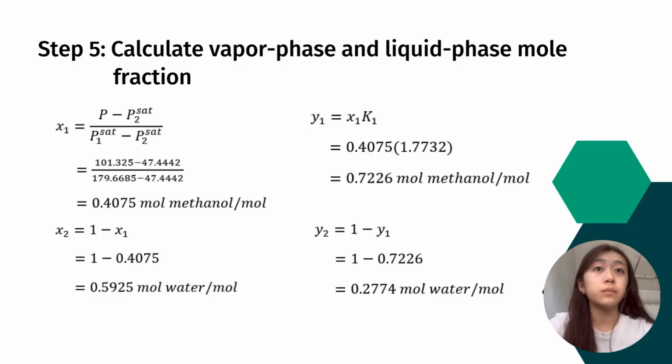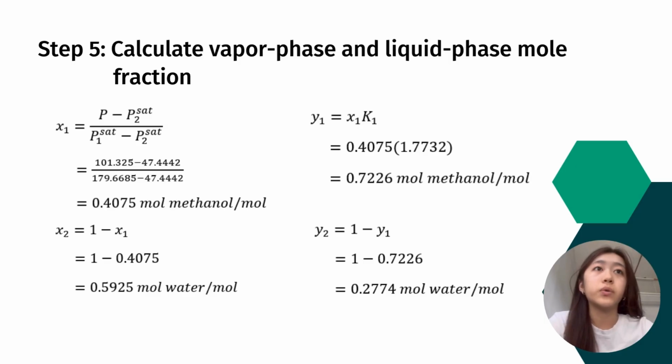Next, we can simply get the liquid phase mole fraction for water, x2, by using 1 minus x1. The x2 we got is 0.5925 mole water per mole. After that, we can calculate the vapor phase mole fraction for methanol, y1, by using the formula y1 equal to x1 K1, where K1 is already calculated from the previous step.